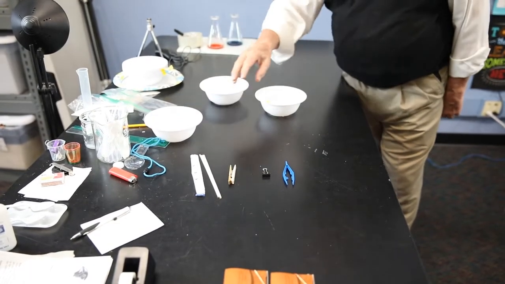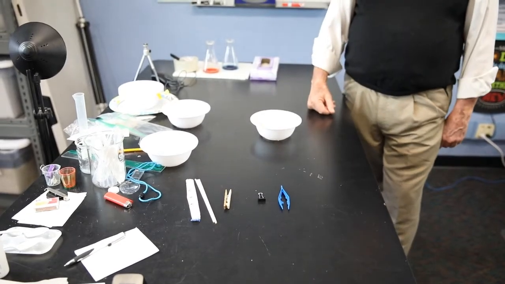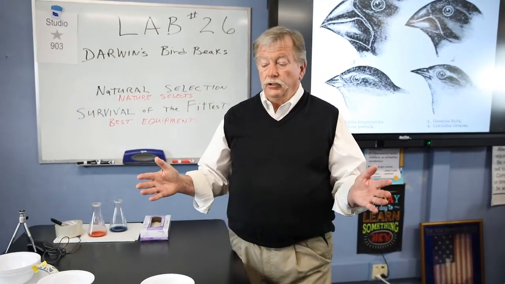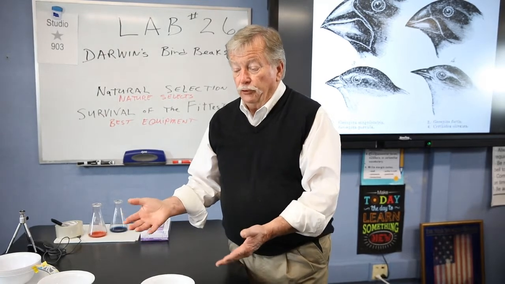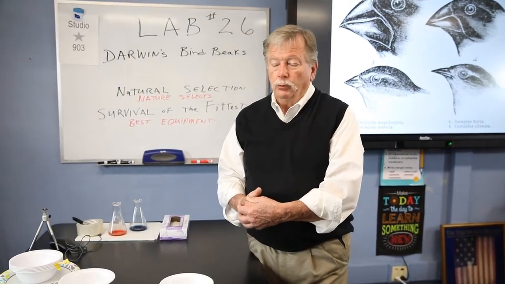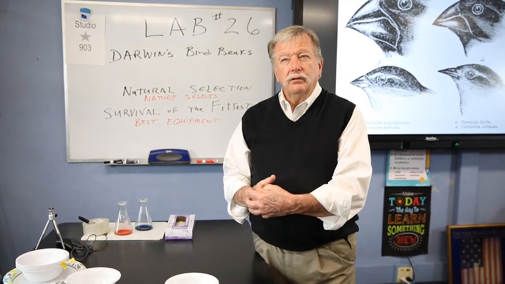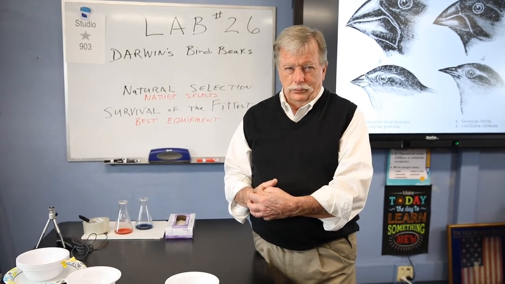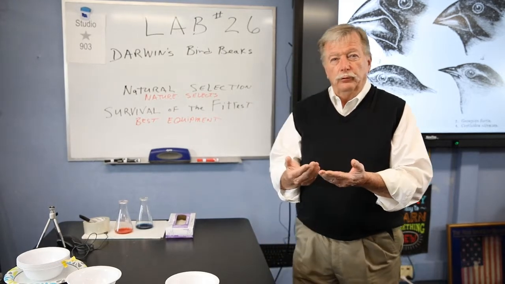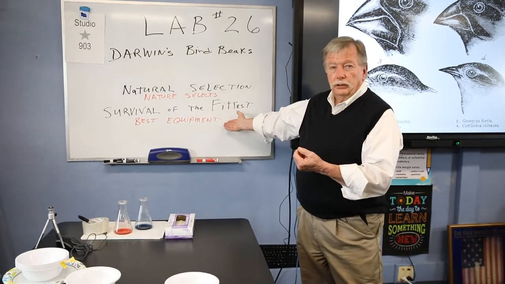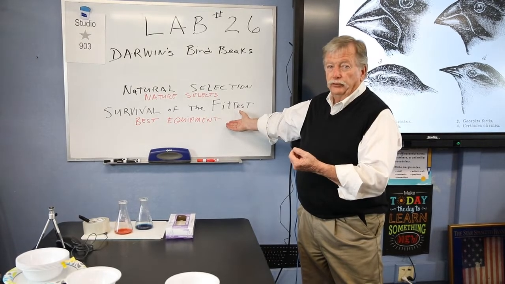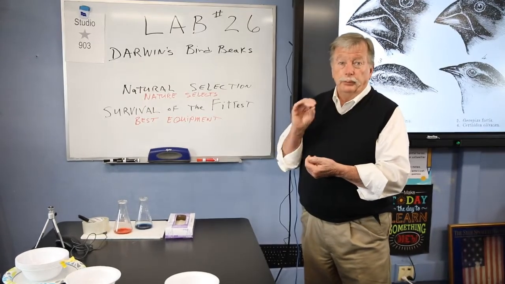Jennifer Horn and David and I are going to take turns, follow along, and at the end you can do the test yourself to see which bird beak works best, with the understanding that the equipment you inherited from your parents makes you the fittest to survive on a different island. Therefore, survival of the fittest. The best beak for that food.